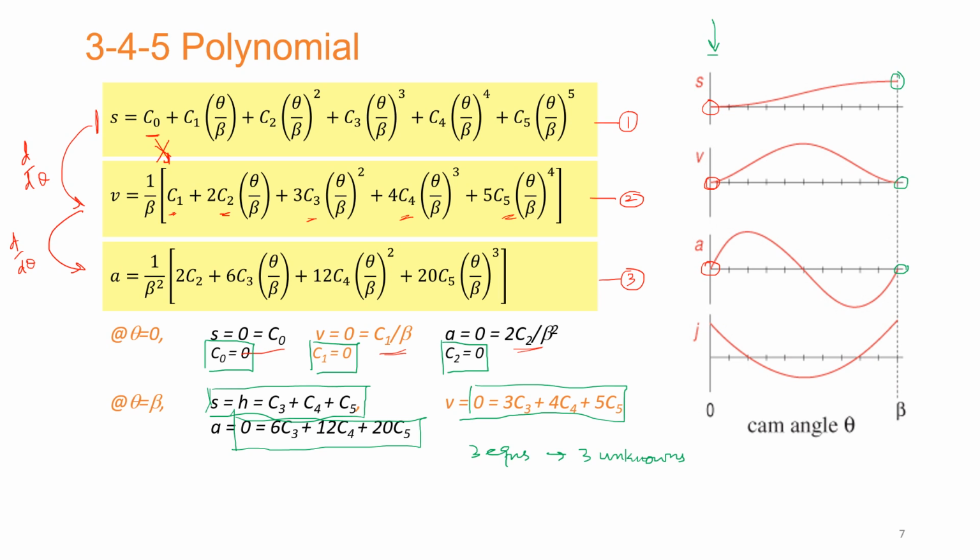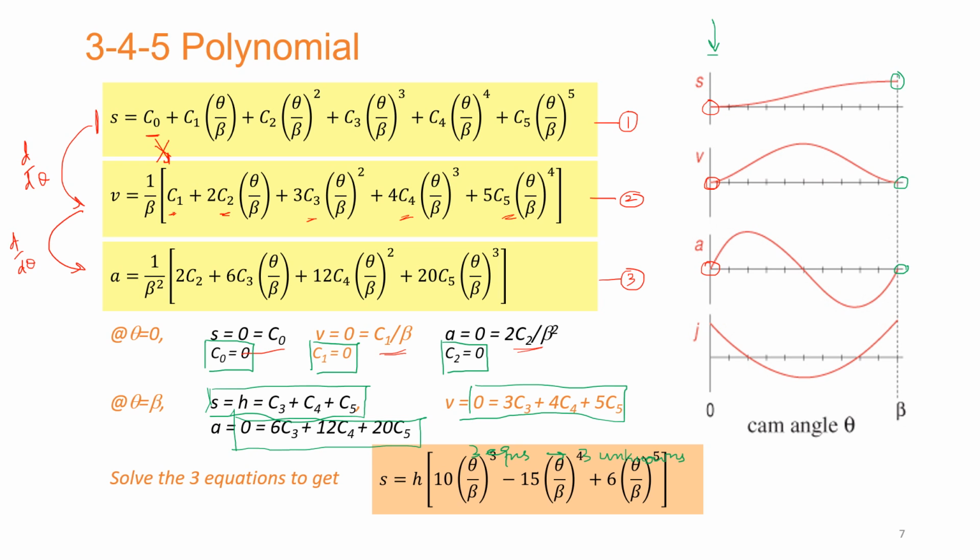So obviously you can solve these equations for specific values corresponding to C3, C4, and C5, and when you do that, you get this expression. S is equal to H, and then you have 10 multiplied with theta over beta with cube power, and then you have the other terms in it.